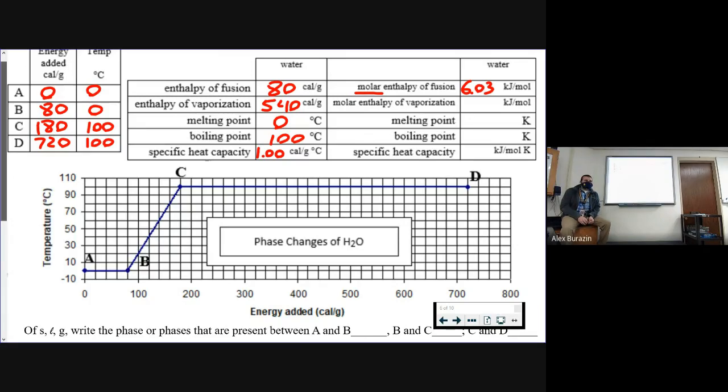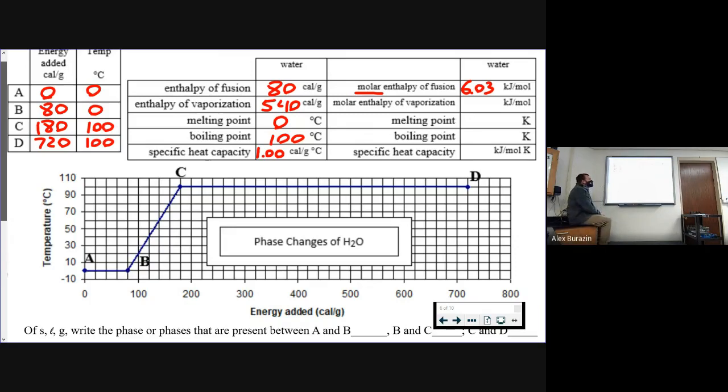Here's a combined value in calories per gram degree Celsius, converted into kilojoules per mole times Kelvin. All of these conversions are pretty easy on their own, but when you combine them, it's a little tricky sometimes. You might flip-flop something or screw something up, but you should be able to convert this stuff.